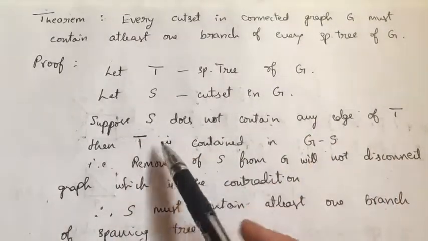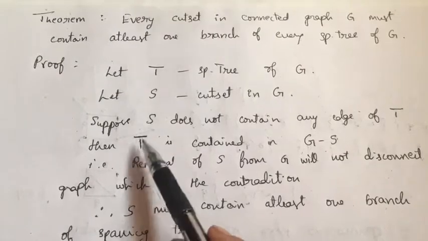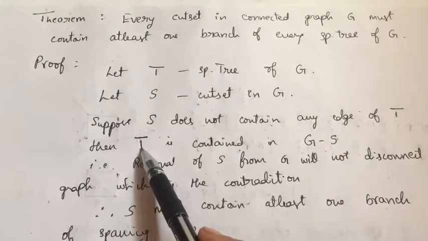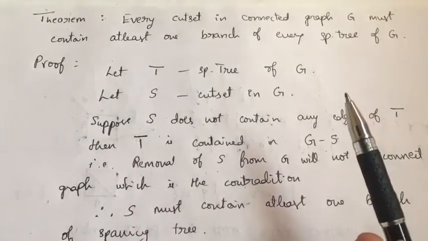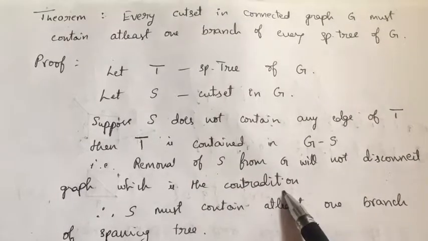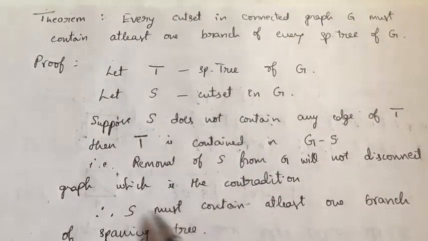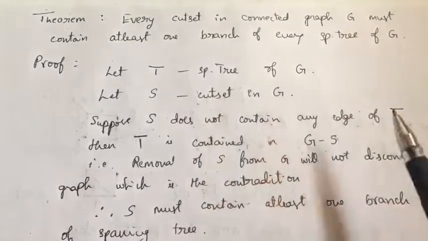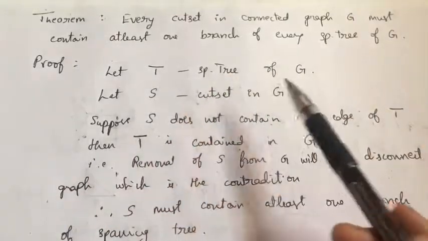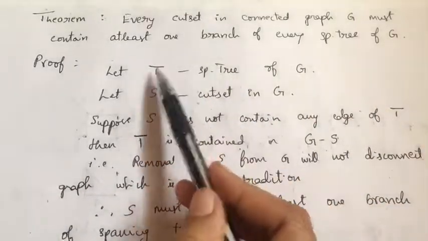Why? Because this is a spanning tree, it should contain all the vertices, right? How can that be possible? That's the contradiction. So S must contain at least one edge in common with the spanning tree.